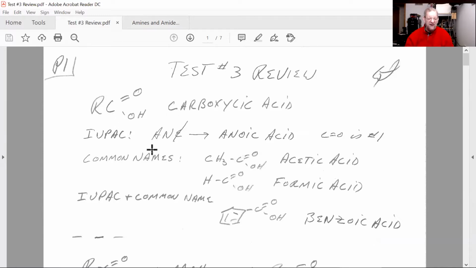The IUPAC rule is find the longest chain with the carbonyl carbon, name it as an alkane, drop the E, add OIC and the word acid. Remember, the carbonyl carbon is always number 1. Name any alkyl groups as you normally would, but remember the carbonyl carbon is always 1.